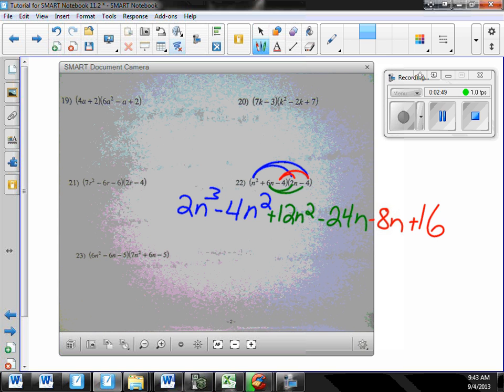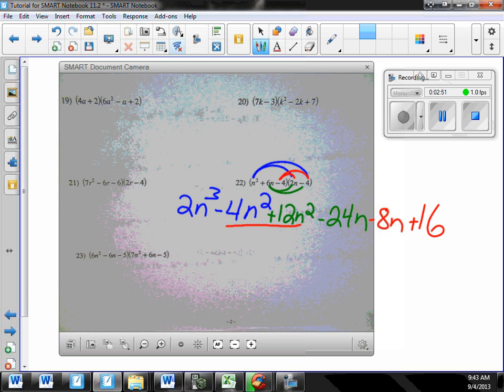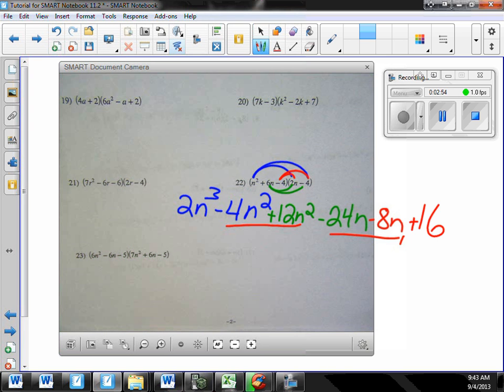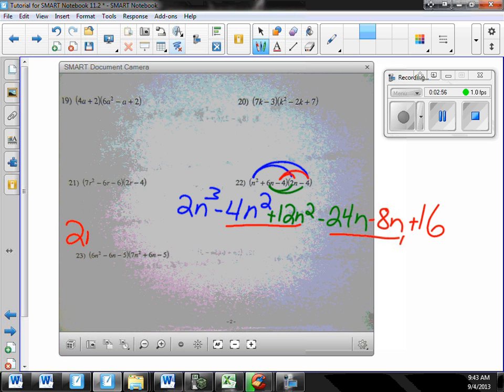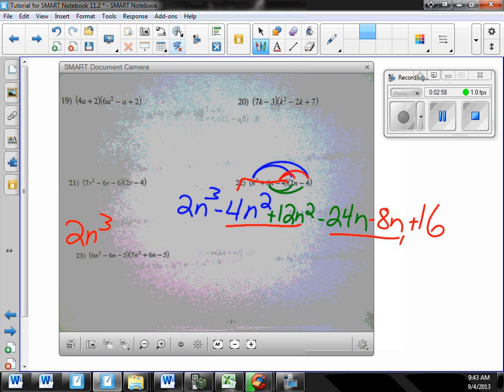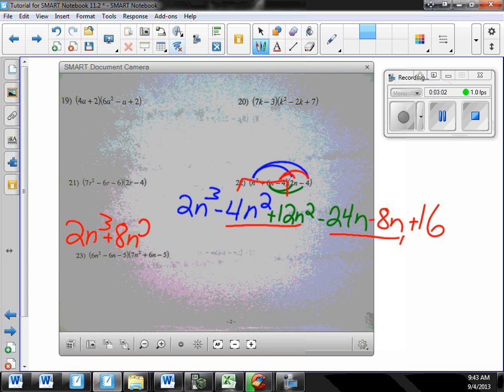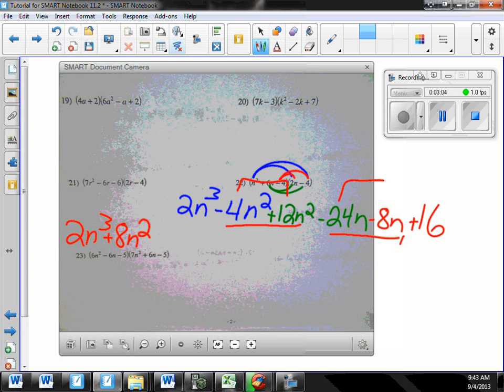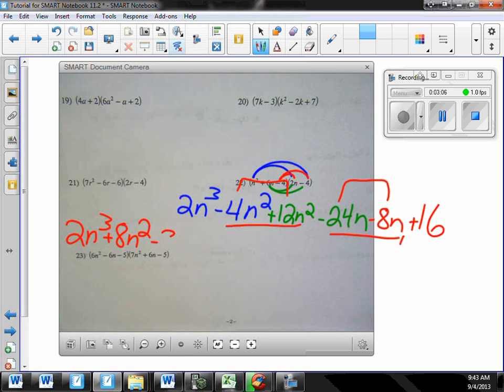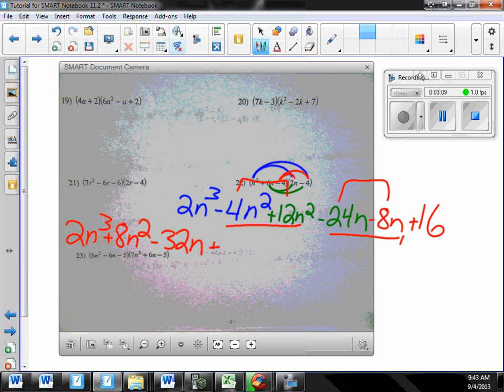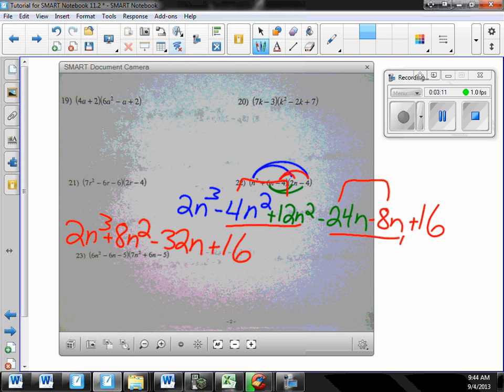Yeah. My n squareds are like terms, and my n's are like terms. So in the end, I have 2n to the third. If I put these two together, I get plus 8n squared. If I put my n's together, I get minus 32n. And then the 16 doesn't have a partner, so it just comes along for the ride.